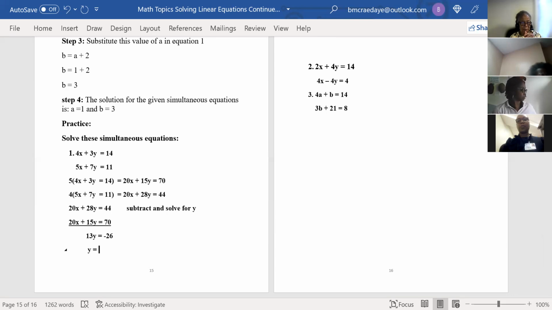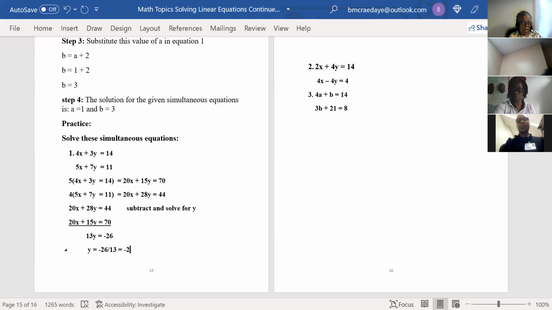What do you multiply by 13 to get a minus 26? 2. Plus or minus? A minus. See, because this is minus 26 divided by 13, and that's equal to a minus 2. So y is a minus 2.